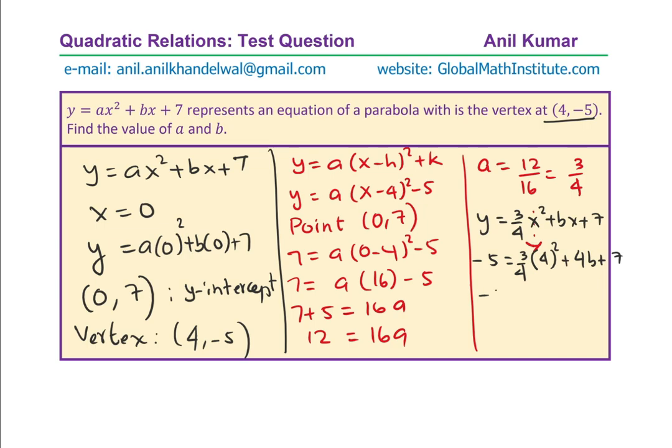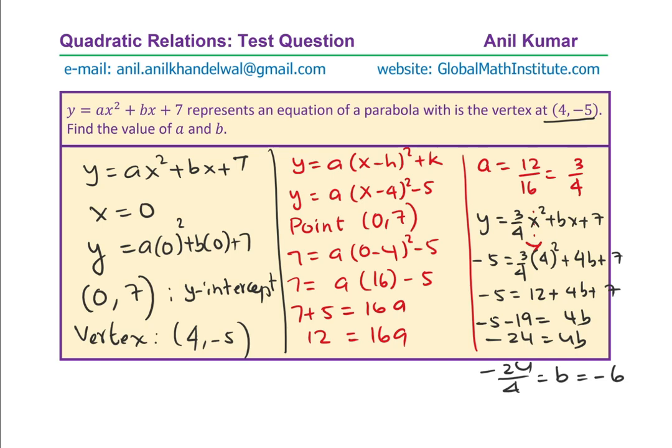So here we have minus 5 equals, 4 squared is 16. So we get here 12 plus 4b plus 7. So 4b is equal to what? 12 plus 7 is 19. So minus 5 minus 19 is equal to 4b, which is minus 24 equals 4b, or we have minus 24 by 4 equals b, and that is minus 6.